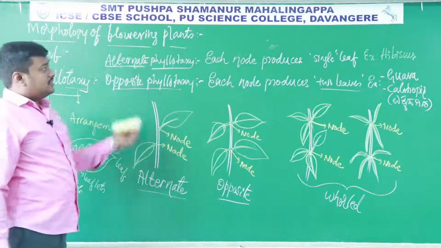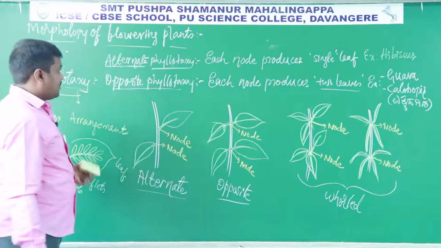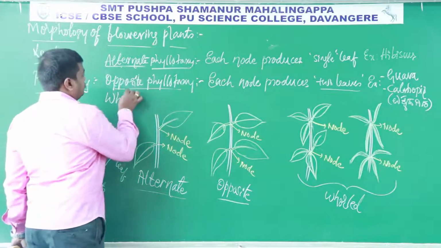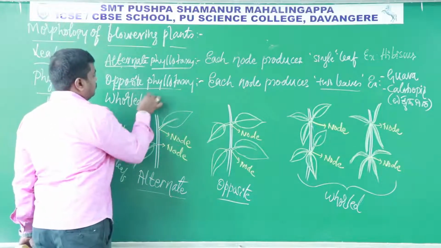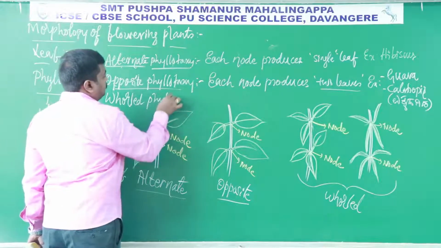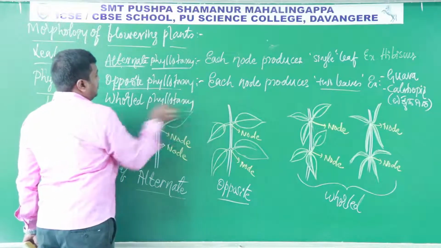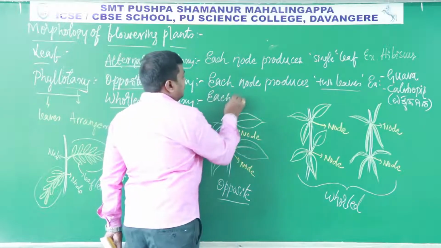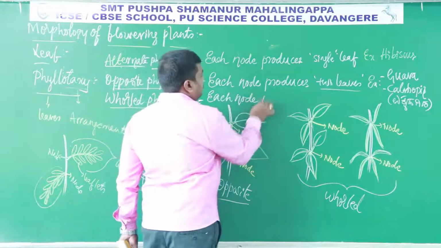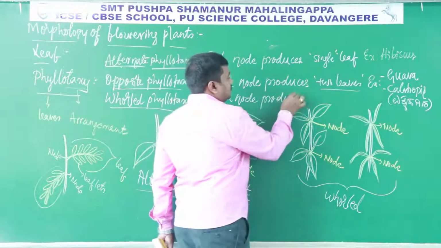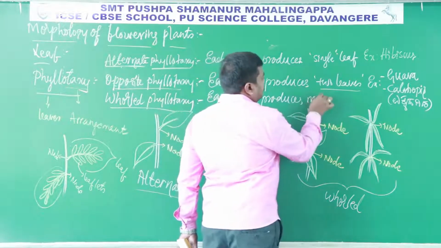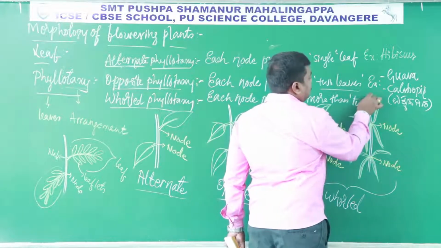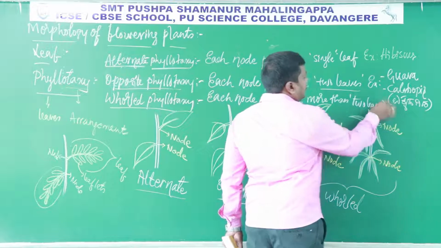So this is the definition of opposite phyllotaxy. Then come to the whorled phyllotaxy. In whorled phyllotaxy, each node produces more than two leaves.